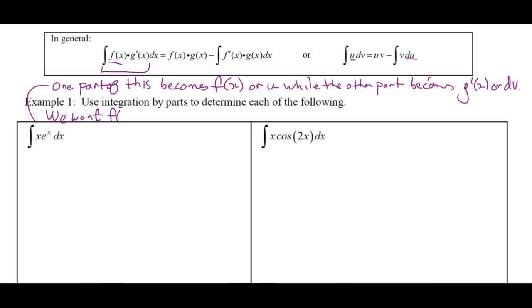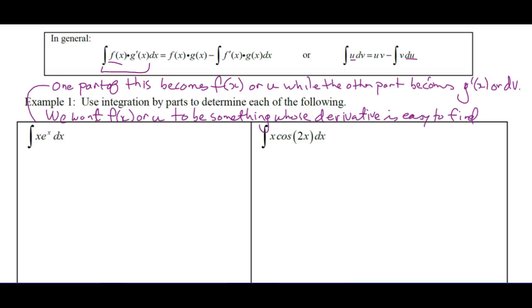We want f of x, or u, to be something whose derivative is easy to find. Okay, so one of these guys becomes u, we have to work out du.